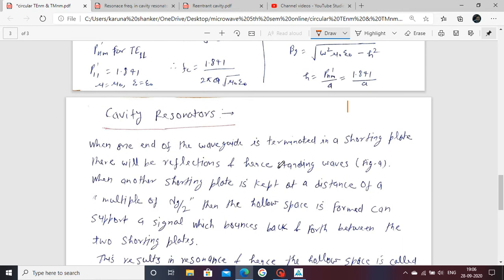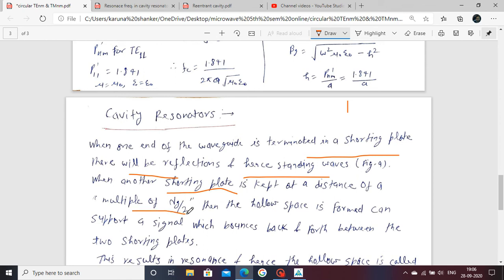Now how to form a cavity: the waveguide is terminated in a shorting plate, or as another form we use a metal plate. There will be reflection and a standing wave pattern is formed, and the other side also has a plate kept at a distance of a multiple of lambda g by 2. Then a hollow space is formed that can support a signal which bounces back and forth between the two shorting plates.